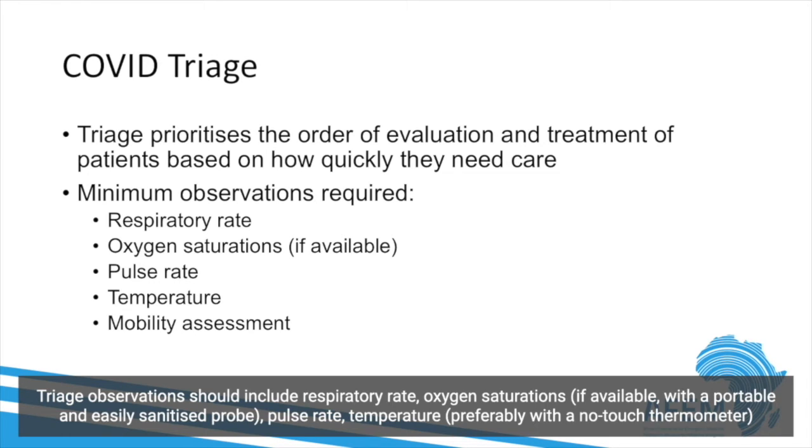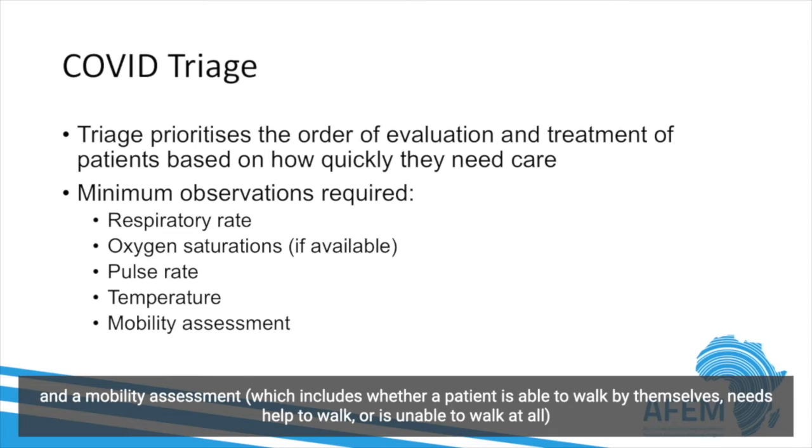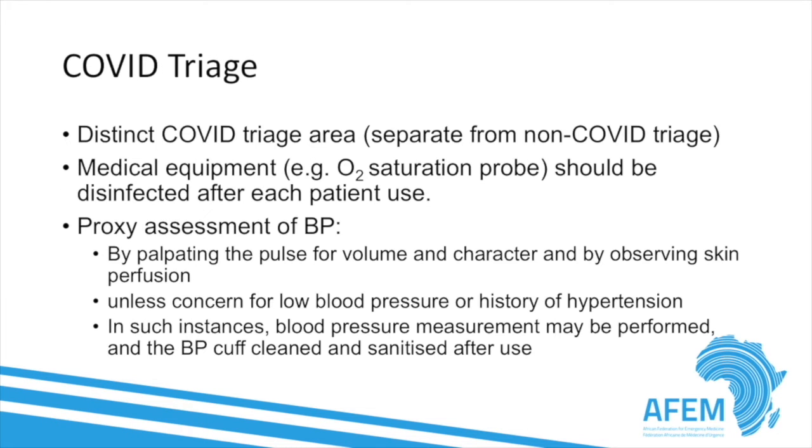Triage observations should include respiratory rate, oxygen saturations, if available with a portable and easily sanitized probe, pulse rate, temperature, preferably with a no-touch thermometer, and a mobility assessment, which includes whether a patient is able to walk by themselves, needs help to walk, or is unable to walk at all.